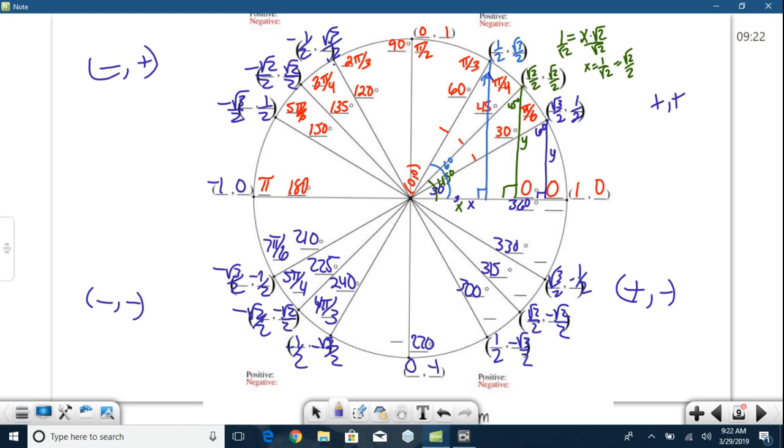Next. 270 is 3 pi over 2. 300 is 5 pi over 3. 315 is 7 pi over 4. And 330 is 11 pi over 6. And 360 is 2 pi. And that is the whole unit circle.